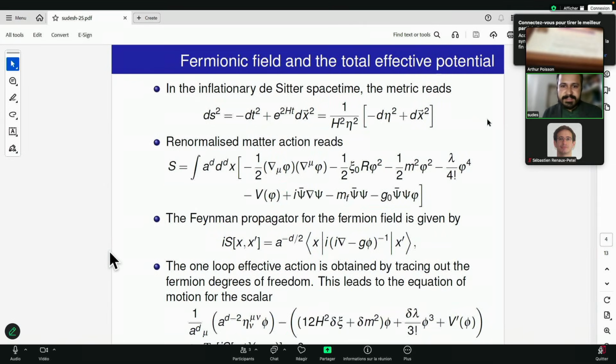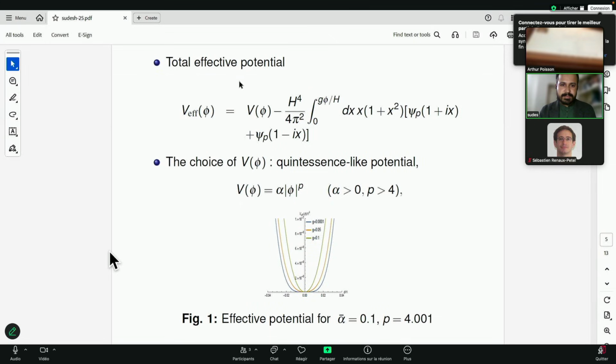We start with de Sitter spacetime, and the matter action reads as follows. We consider a fermionic field coupled to a scalar spectator field, and with that there is a coupling, the Yukawa coupling. We construct the one-loop effective potential at leading order, and we get the total effective potential.